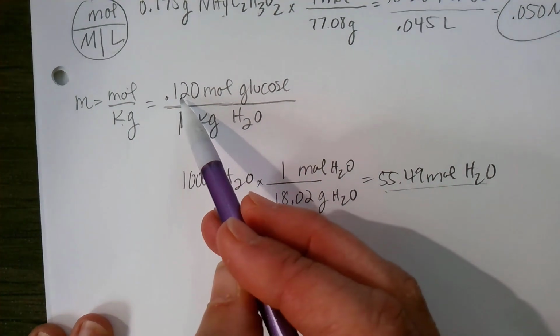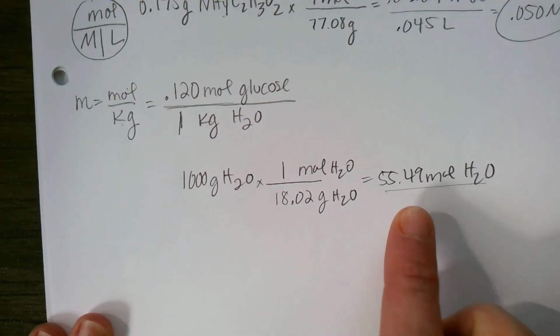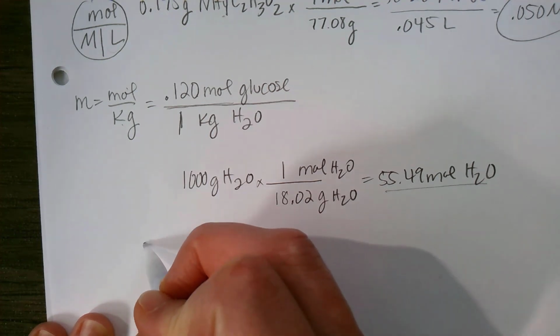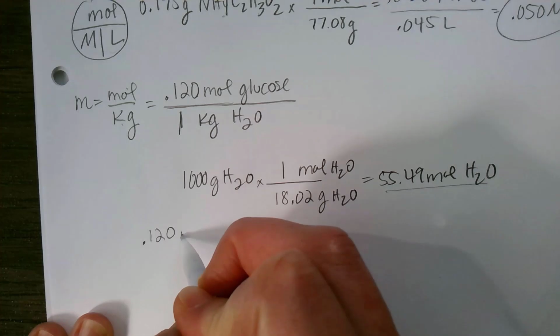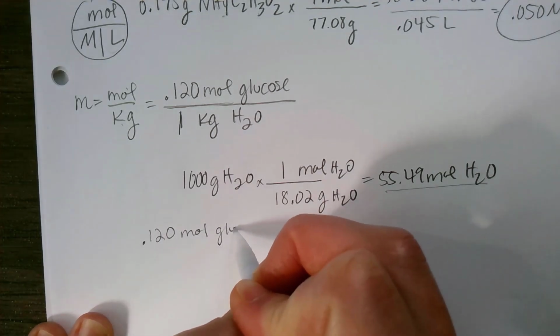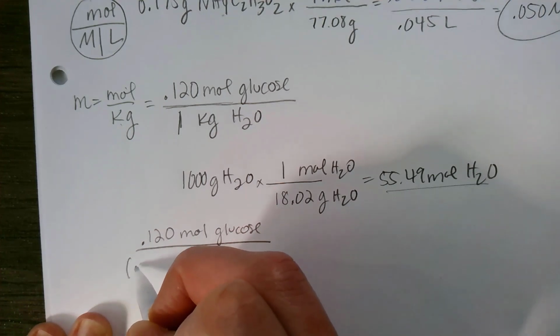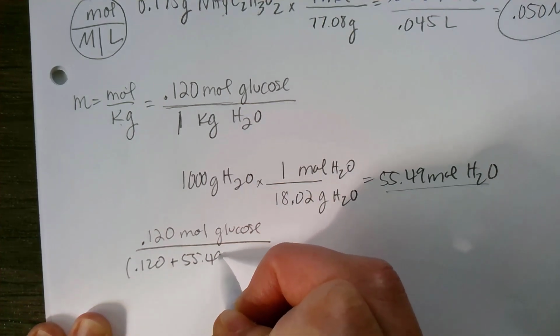So we're going to do our part of glucose divided by the whole, which I need to add these two together. So let's do the mole fraction for glucose first, 0.120 mole of glucose divided by, and I'm going to add 0.120 plus 55.49.